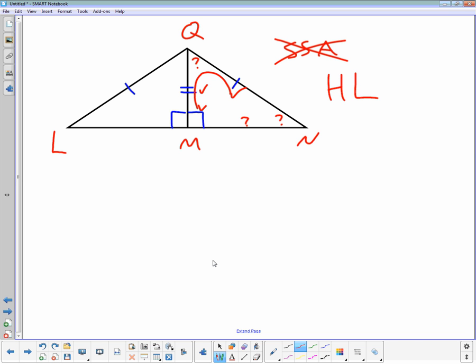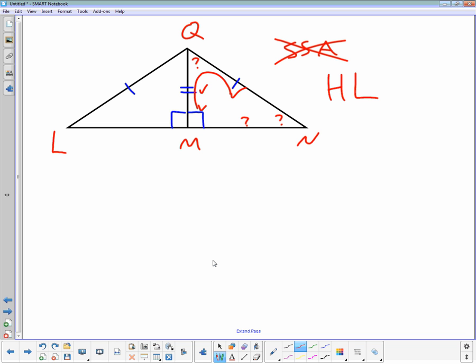If it's HL, it is not side-side angle. Side-side angle is on the bad list. If you left it as side-side angle, that's you telling me it doesn't work. You need to really say that it's HL. HL and side-side angle, one might be an exception, but one works and one doesn't.